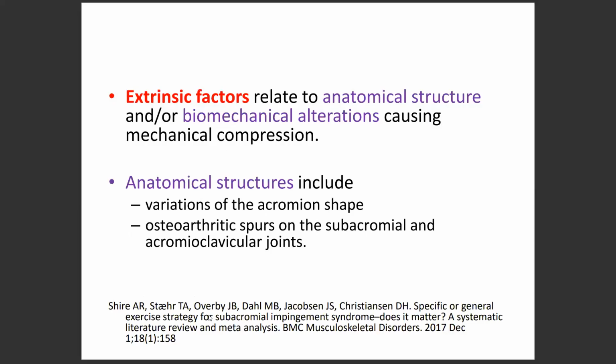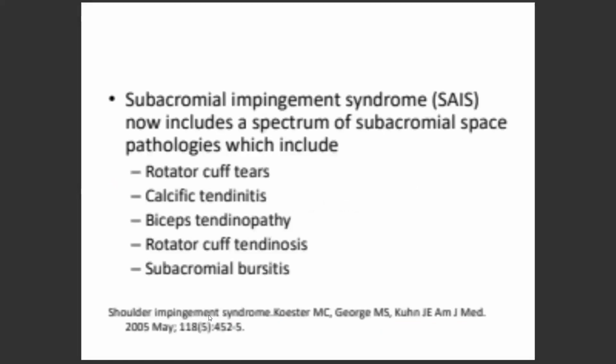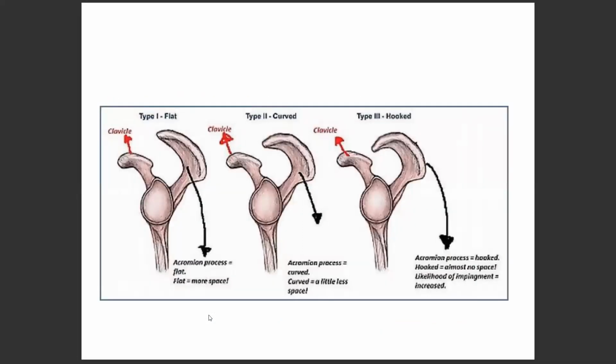Extrinsic factors relate to the anatomical structure and the biomechanical alterations causing mechanical compression. Now, what does the anatomical structure include? It includes the various shapes of the acromion, where we discussed that there are 3 types of abnormal acromion: type 1, which is known as flat, type 2, which is known as curved, and type 3, which is known as hooked.